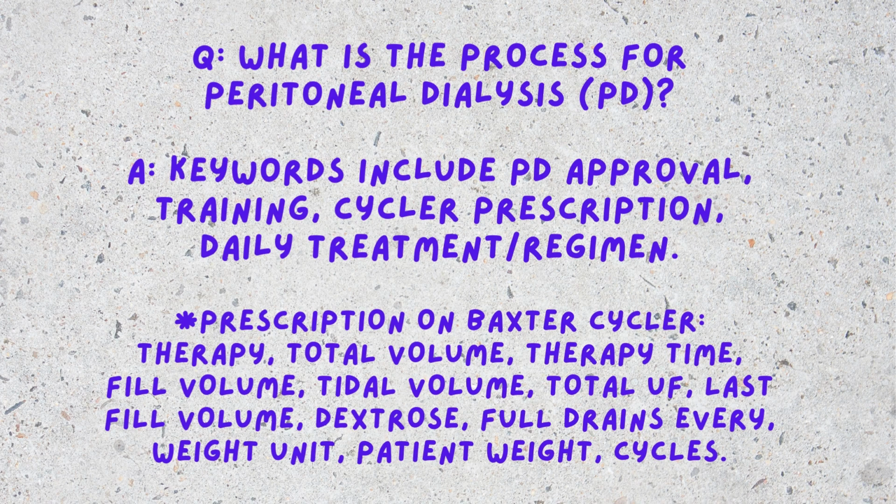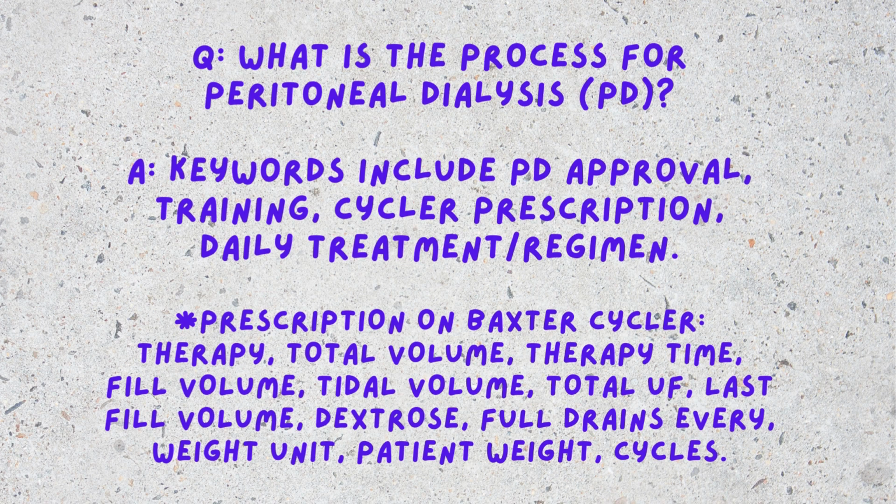And then there's also the full drains. It could be every hour and a half, depending on how long your entire therapy time is and how long your cycle is. So the drain will be set to begin after maybe a dwell time of like an hour and a half, or however it is set for you.